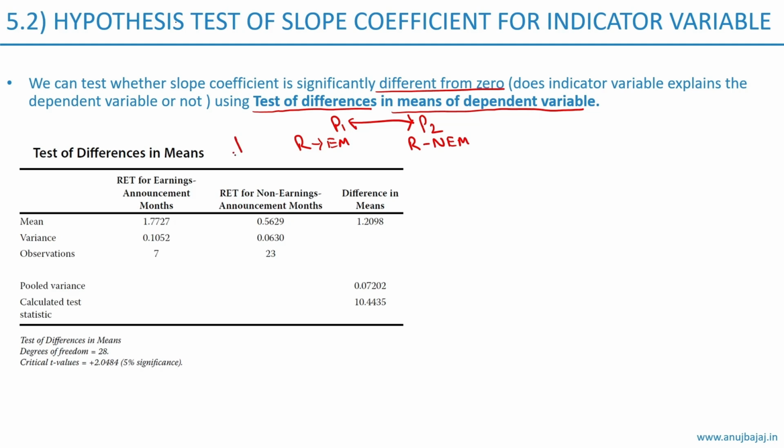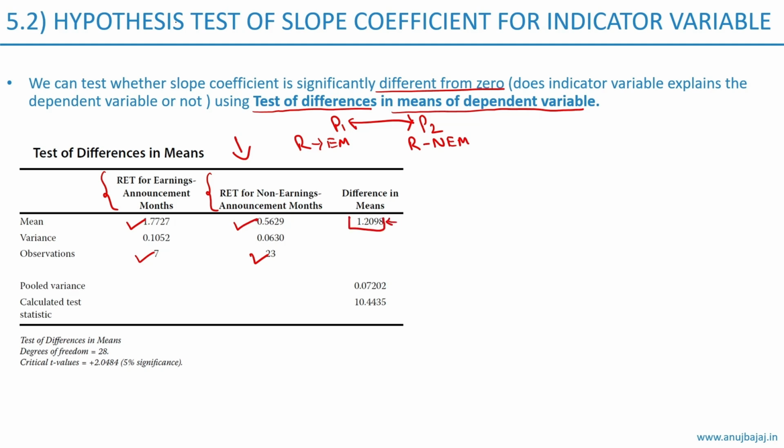And this is the hypothesis result, where population 1, which is the return for earnings announcement month, has 7 observations, and population 2, the return for non-earnings announcement month, has 23 observations. And this is the mean of population 1, and this is the mean of population 2. And this is the difference in mean.